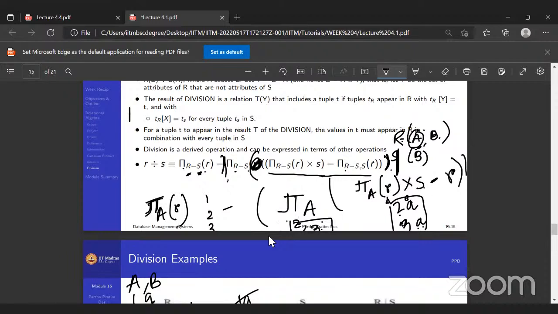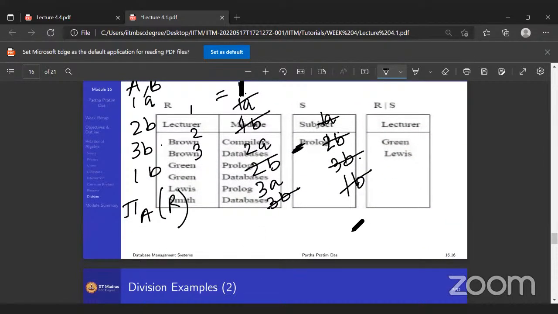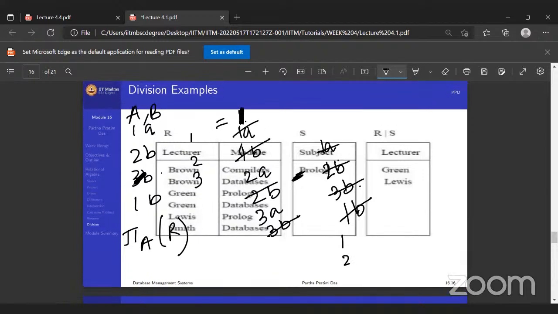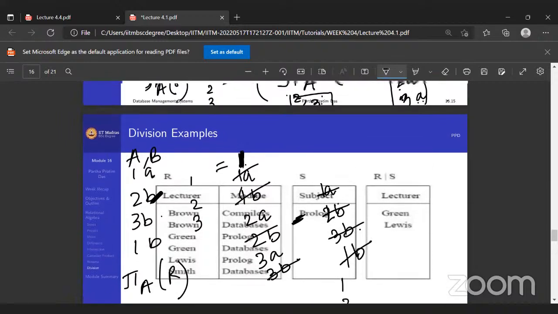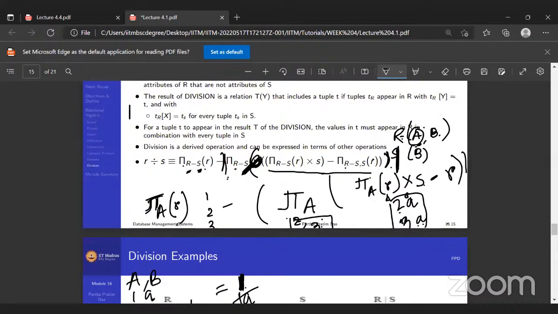So if from 1, 2, 3 we minus 2, 3, the output will be 1. So only student ID 1 took all the courses available in the course table, that is 1 and 2. I hope you got some idea about how the expression is evaluated.